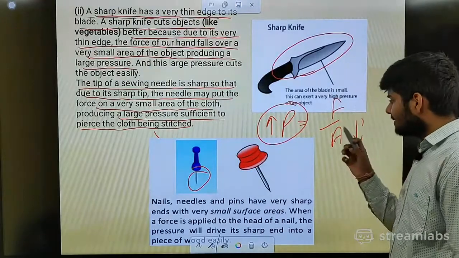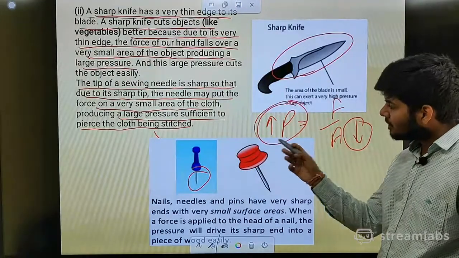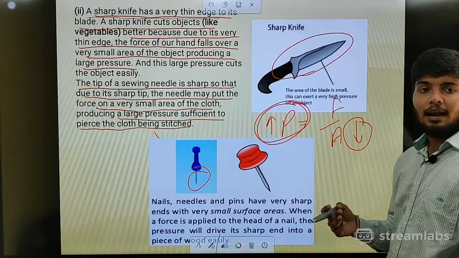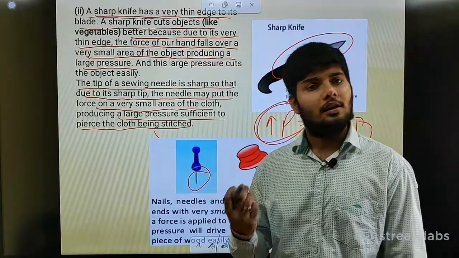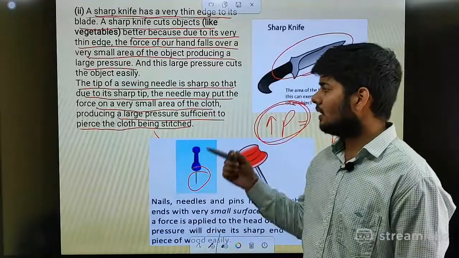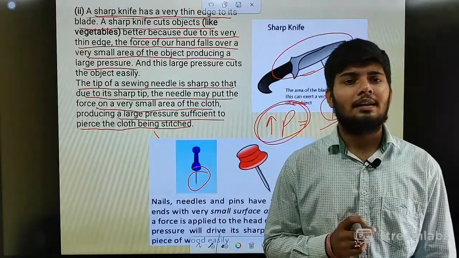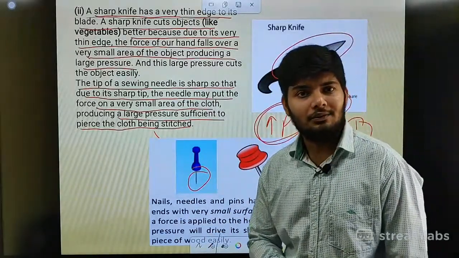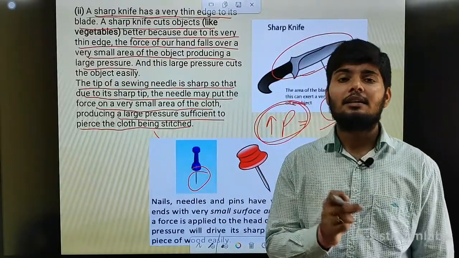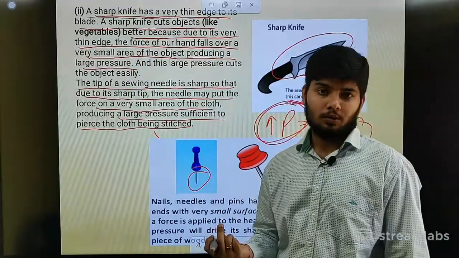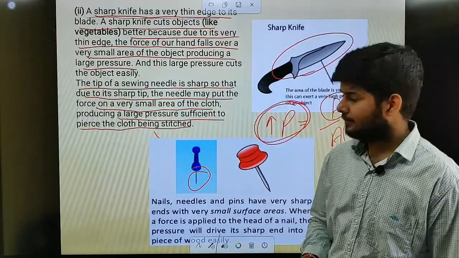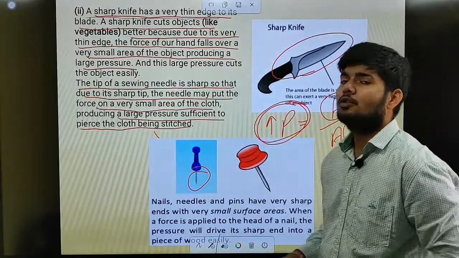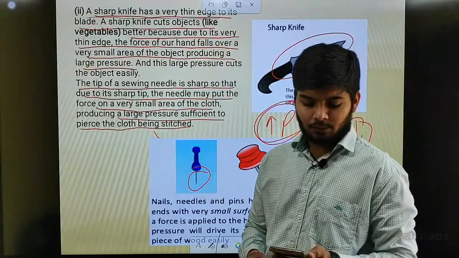Since the area is small, the pressure increases even if we apply only a small force on the needle. This is one more case from your daily life. This is why the needle easily pierces the clothes, and we can easily stitch them. I think you got this point.